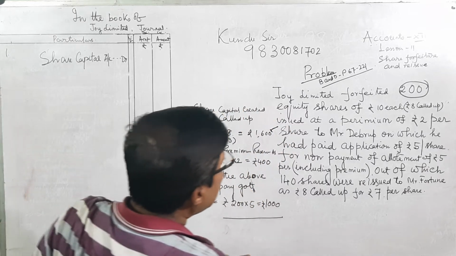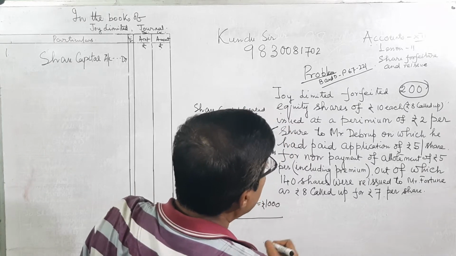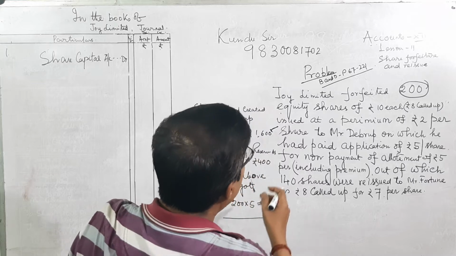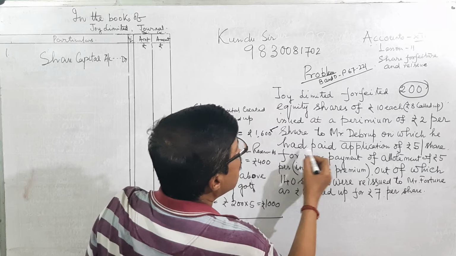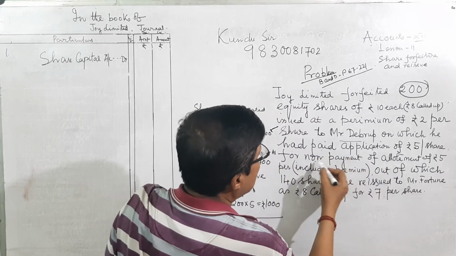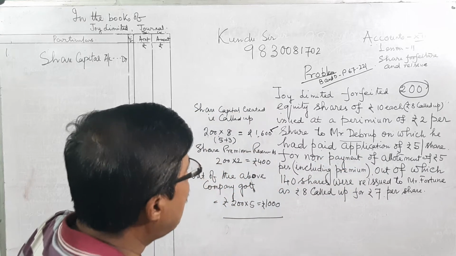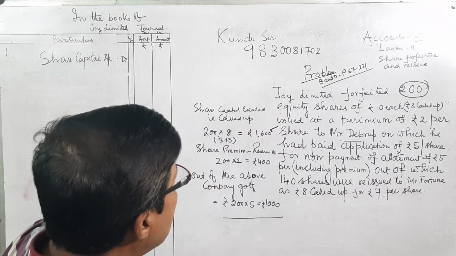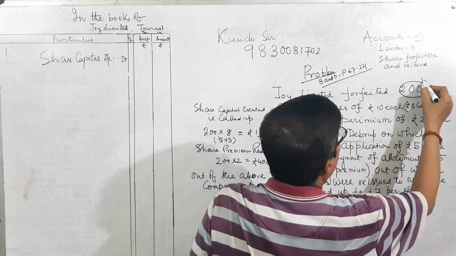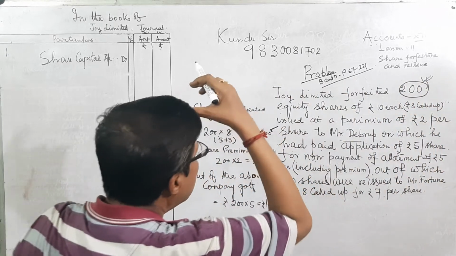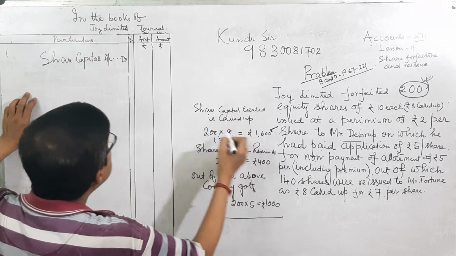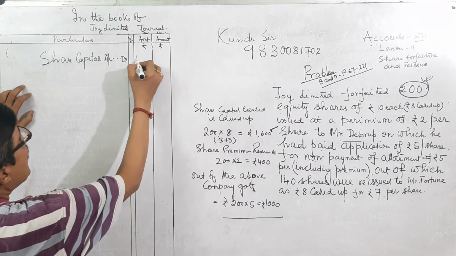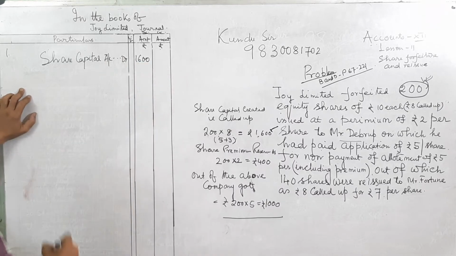How much share holding Mr. Debru has? He had paid application, and the shares are 200. 200 into 8 equal to share capital account reversal.